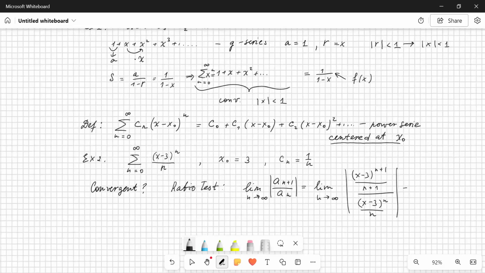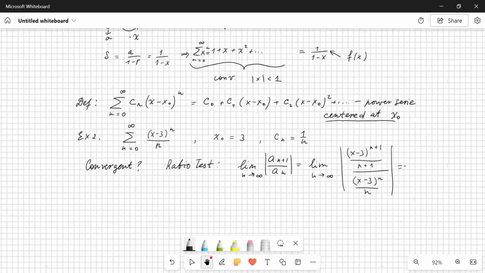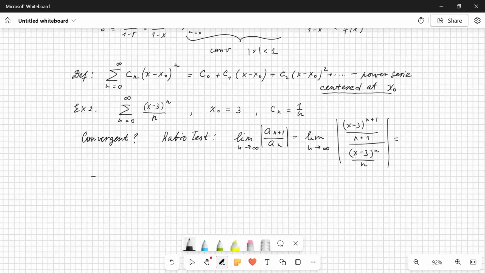Put absolute value and simplify it a little bit, combining similar factors together. So (x minus 3) to the power of n plus 1 divided by (x minus 3) to the power of n, multiplied by n over n plus 1.